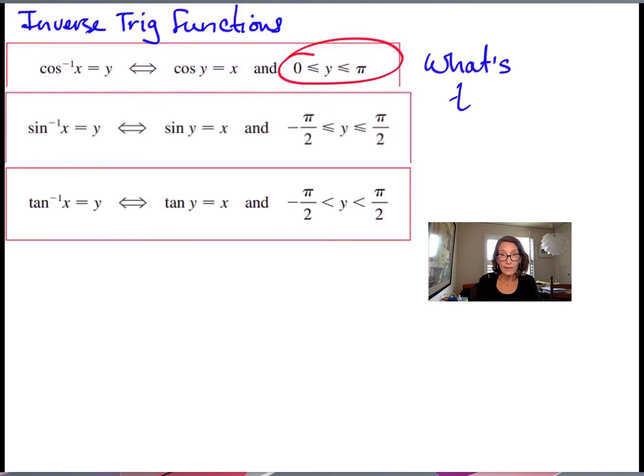Let's find the inverse tangent of -1. So remember, the inverse tangent of -1 is the angle whose tangent is equal to -1, and it's in a certain interval. So what angles have tangent equal to -1? Well, tangent is sine over cosine, so if it's negative, then the sine and the cosine have opposite signs.